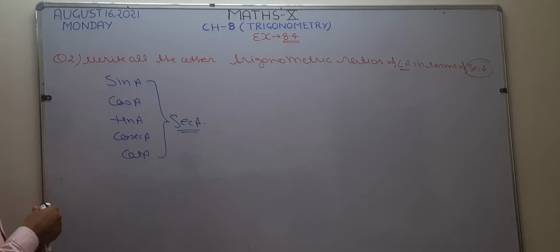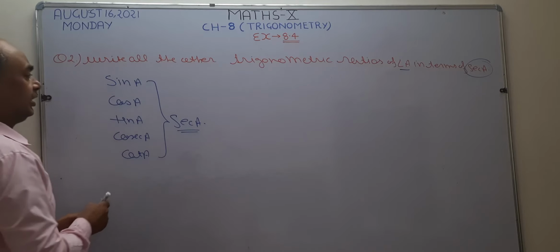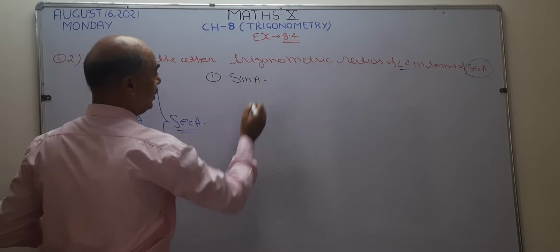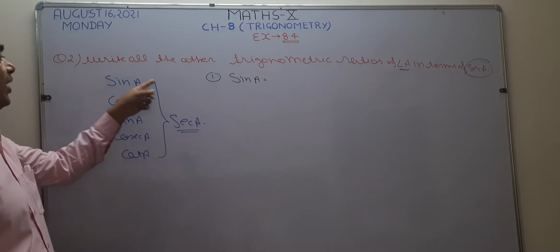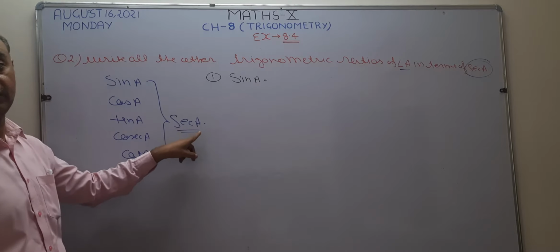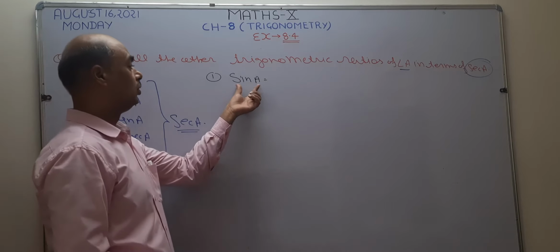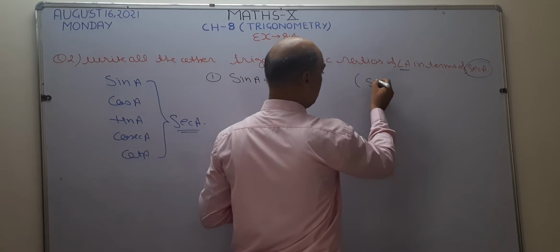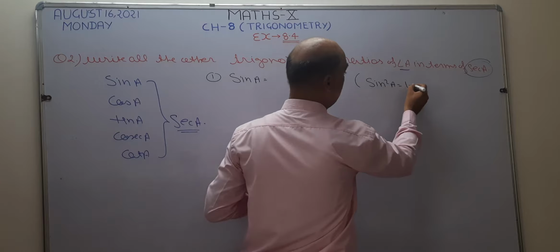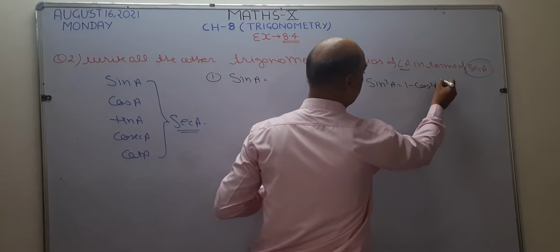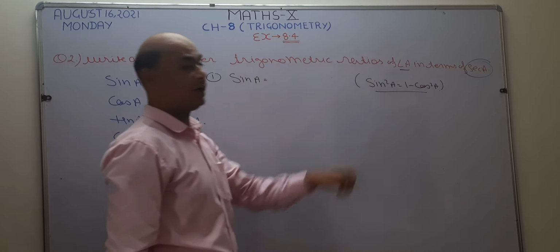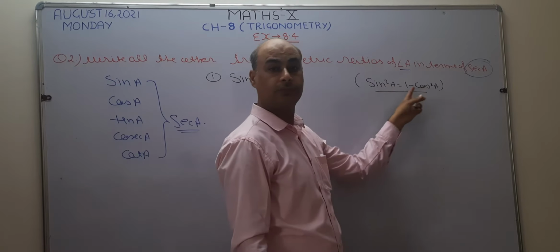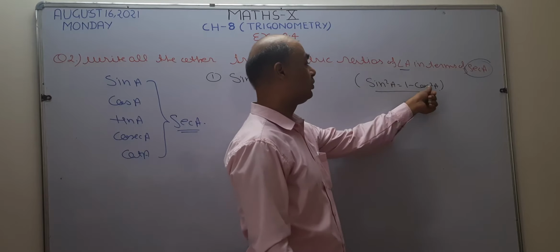Now I want to start with the first one, sin A. I am going to convert the sine of angle A in terms of secant of angle A. Now you know the identity of sine: sine square A is equal to 1 minus cos square A. When I remove this square, it becomes a root.